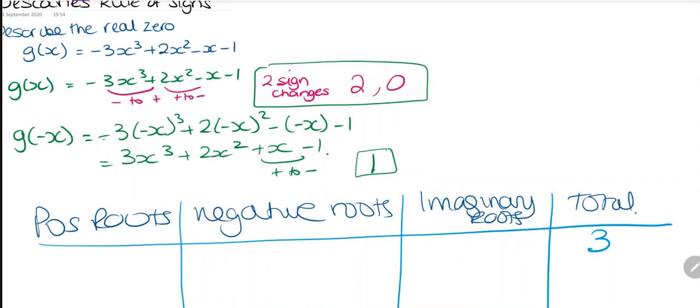We said we could have either 2 positive or no positive, and we'd have 1 negative. If you have 2 positives and 1 negative, that's a total of 3, so we can't have any imaginary. But if we had 0 positive and 1 negative, we'd have 2 imaginary roots.